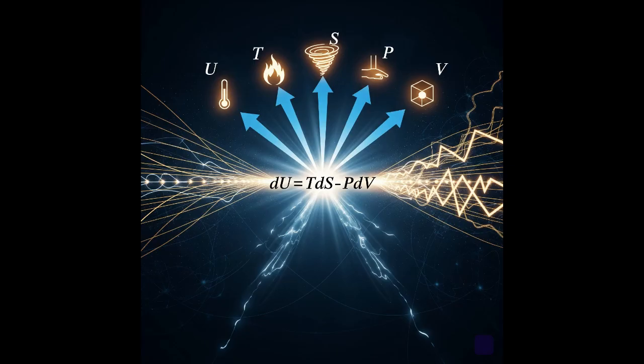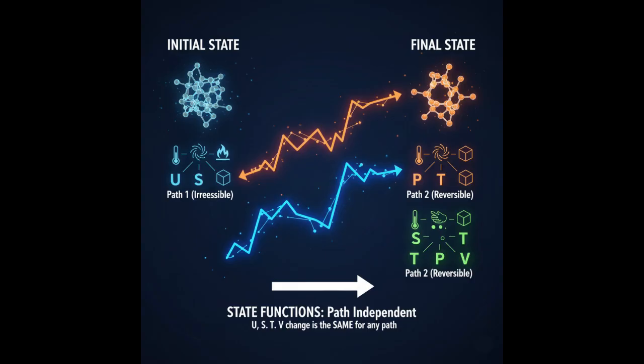This equation is incredibly powerful because it relates changes in internal energy to changes in entropy, temperature, pressure, and volume. It's valid for any reversible process and can be extended to irreversible processes as well, as U, S, P, T, and V are all state functions.